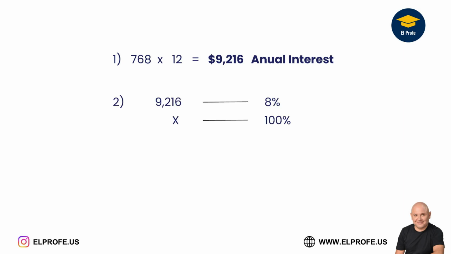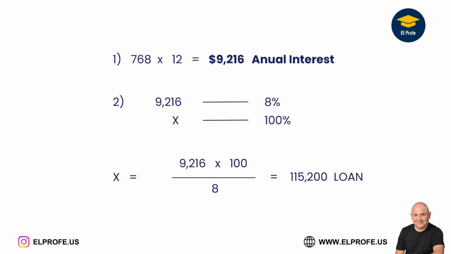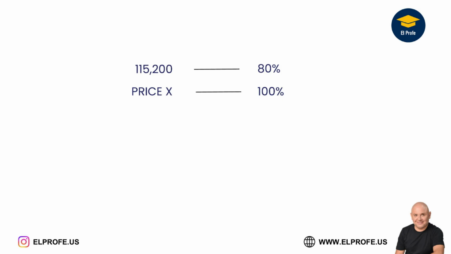Second, if this is the annual interest, 9,216, and it equals 8%, how much is 100%? And there we will solve for x, which will give me the loan amount. So, $9,216 multiplied by 100 divided by 8. The loan amount is $115,200, but the loan is 80% of the sale price.